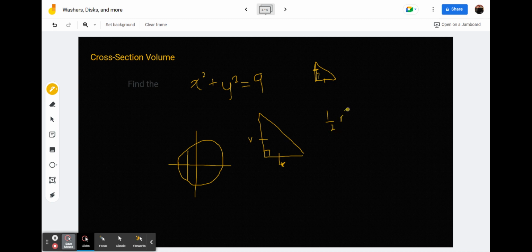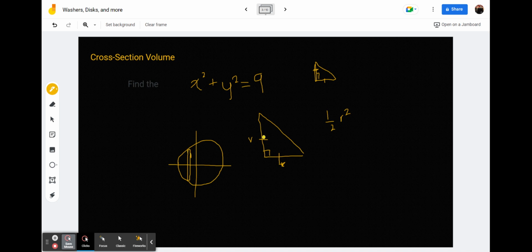Right, because the area of a triangle is base times height times 1/2. And what we're doing is we're taking all these little cross sections, and we're extending them by a very marginal amount. We're creating a rectangle. So recall the Riemann sum is adding up a bunch of rectangles.